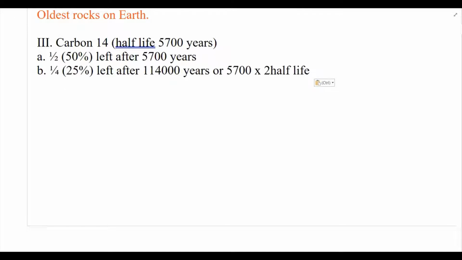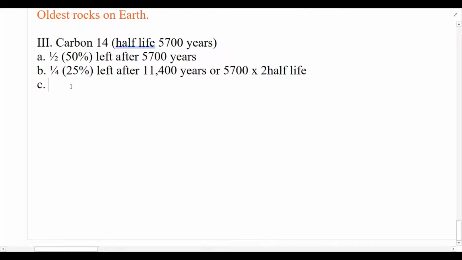So we have a quarter, or 25%, left after 5,700 years times 2. That is 11,400 years. And this pattern is just going to keep on happening as long as this carbon-14 can go on.